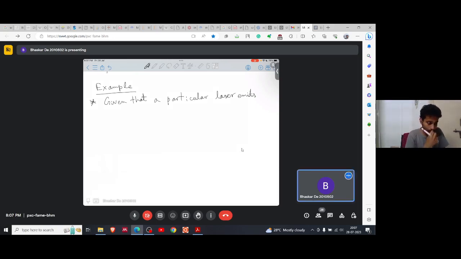So, given that a particular laser emits light of frequency 6 into 10 to the power 14 hertz with a spectral line width delta nu of 50 gigahertz.